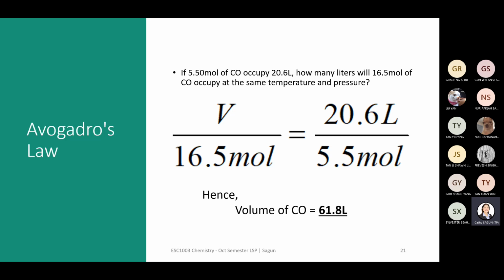V1 is given and N1 is given. So you just do 16.5 times 20.6 divided by 5.5, then all of you will get 61.8. Okay, very good.